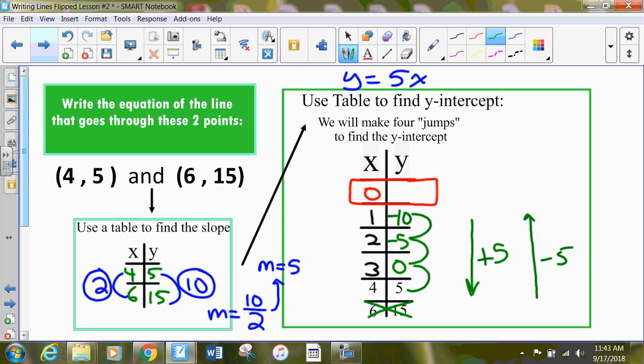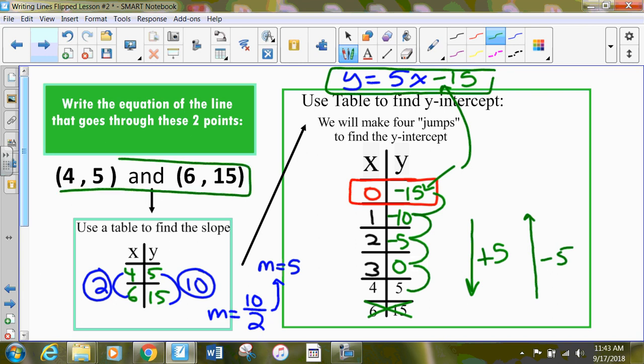I'm doing this in my head, and you can slow me down or slow this video down by pausing it, picking up your calculator, and seeing that negative 5 minus 5 is negative 10. Negative 10 minus 5 is negative 15. And there we have it. That's our y-intercept. So put it up here. And if you're wondering what is the name of the line that has these 2 points in it, we found it.